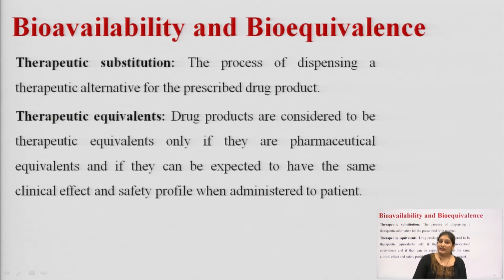Because in parenteral administration, especially in IV cases, the drug is directly entering the systemic circulation. So, the drug is 100% bioavailable. So, we can say the bioavailability is 100% in case of the intravenous route of administration.